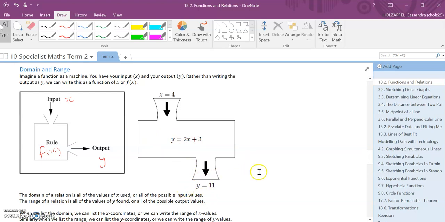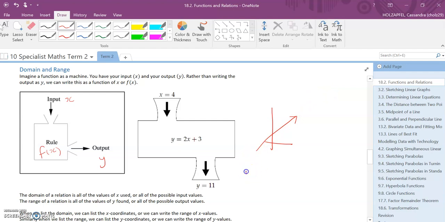So if you were to imagine a domain, right? The domain of a relation is all of the values of x that I put into my machine, okay? So you might be given a straight line as a graph, like that, right? And it can continue on this way forever and ever, and it can continue on this way forever and ever. So I could actually write that my domain for this particular function is infinite.